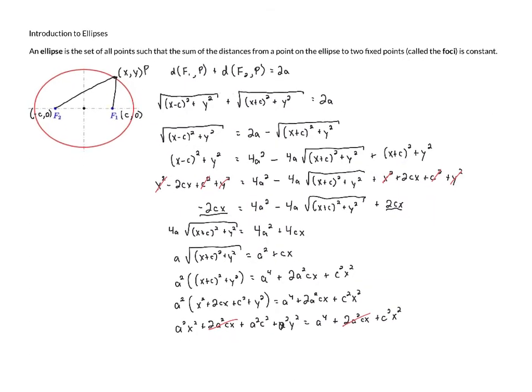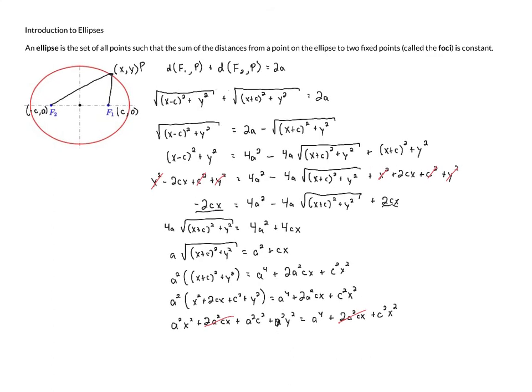So let's see where we are now. We're almost there. I'm going to move this up a little bit so that we can work with what we have down here. What we're going to do next is try and move some terms around. We're going to move this a squared c squared to the other side. And we're also going to move the c squared x squared to the other side, which is going to seem weird, but we'll get there in just a moment.